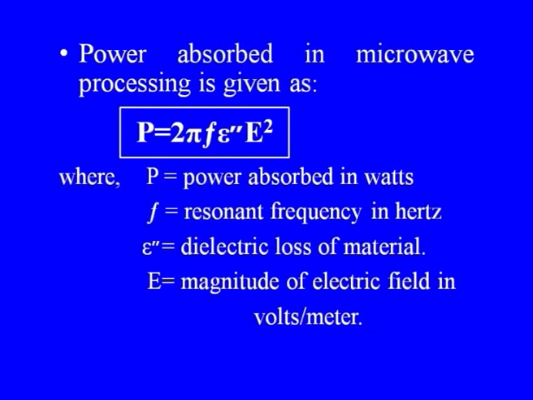The power absorbed in microwave processing is given by P is equal to 2 pi f epsilon double prime E squared, where power is expressed as P, f is the resonant frequency in hertz, epsilon double prime is the dielectric loss of the material and E is the magnitude of the electric field in volts per meter.